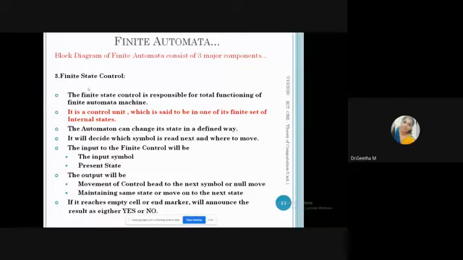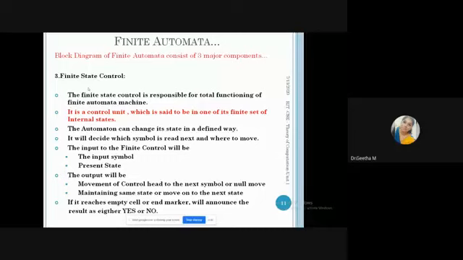So I told you about the input to the finite control machine and the output from it. What we want to give as input here are actually two parameters. One is the input symbol, another one is the present state.